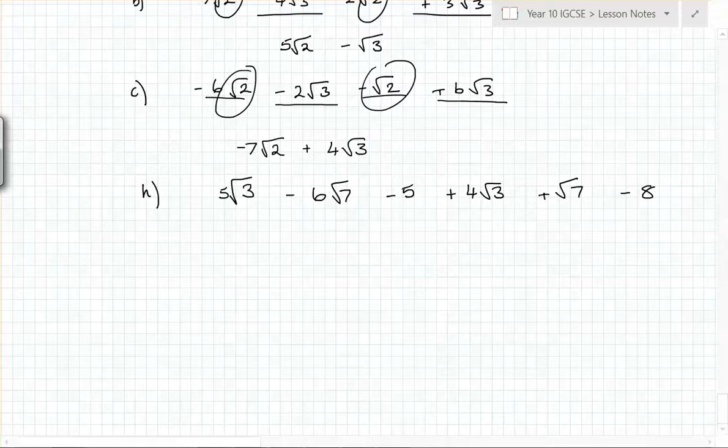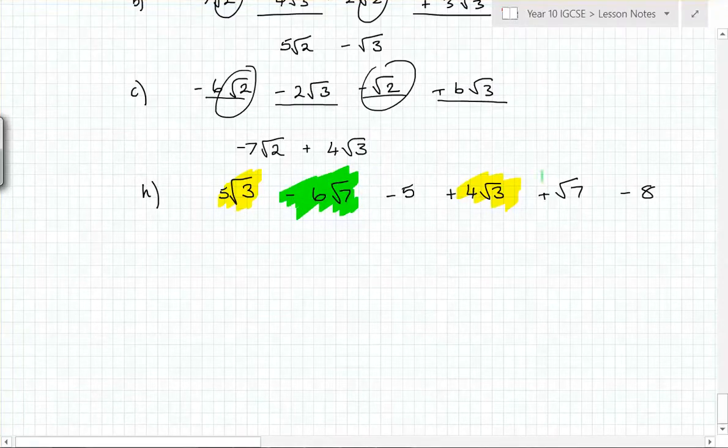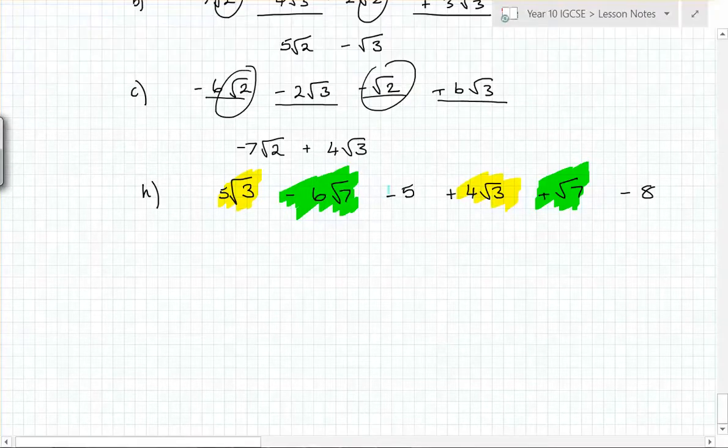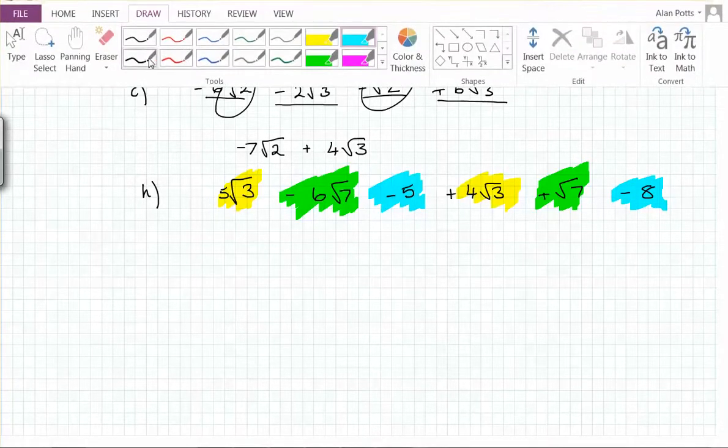So how many different terms are there in this calculation? 3. And they are the root 3, root 7, and the simple numbers. The sign goes with what comes before, so take the sign and the number. So I've got 3 different terms there.